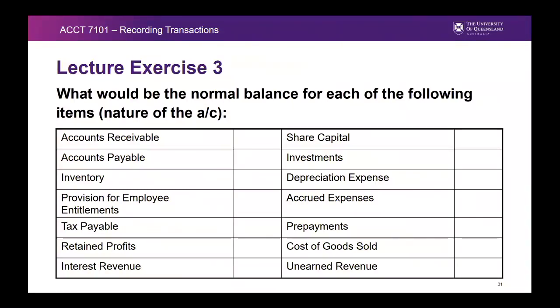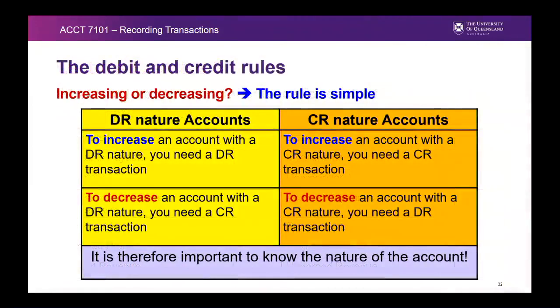Depreciation expense is an expense, so that'll have a normal debit balance. Accumulated depreciation, which we haven't looked at yet, is a contra account, that will normally have a credit balance. Okay, any other questions? Okay.